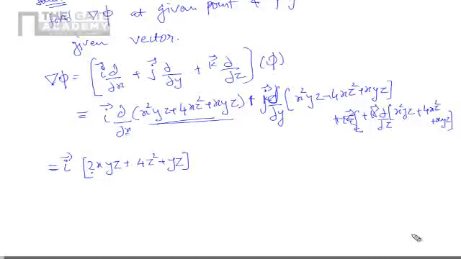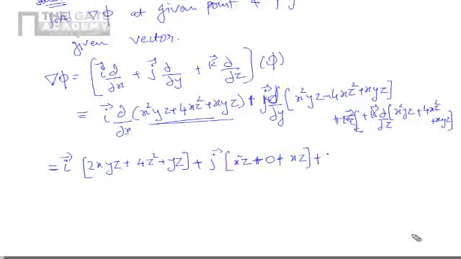Plus j vector times, here I am going to do ∂/∂y. So x and z are constants for me, so this will give me x square z, plus 4xz square will give me 0 because there is no y term, plus xz.